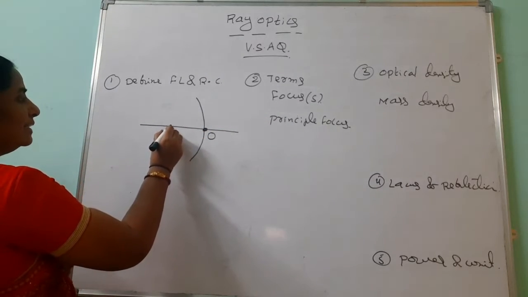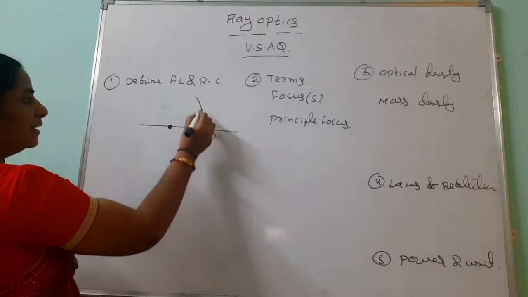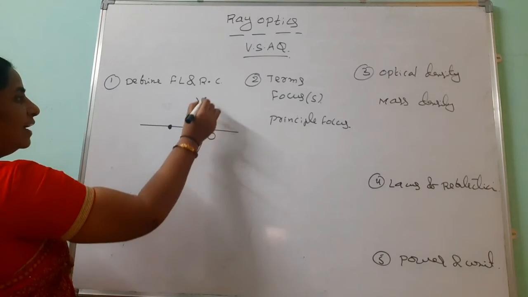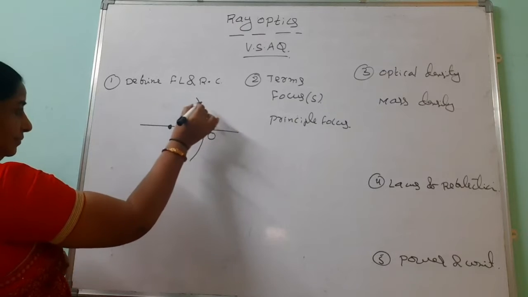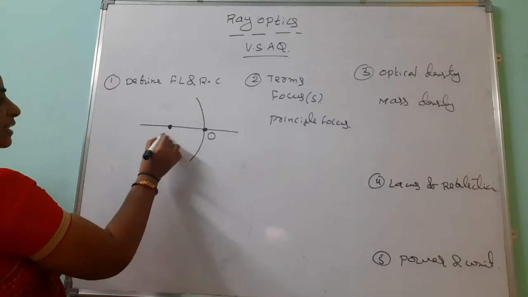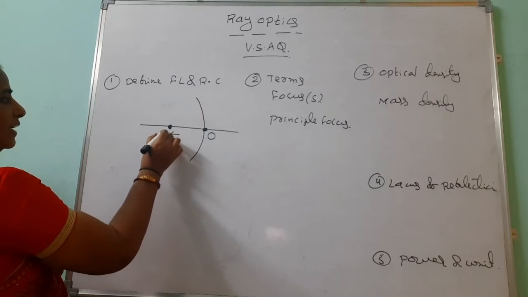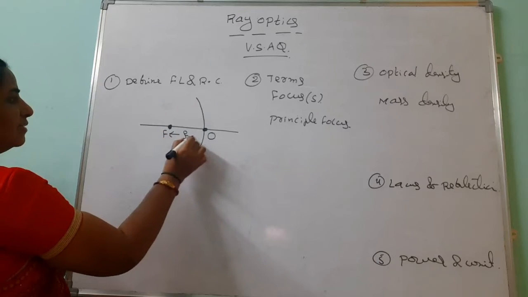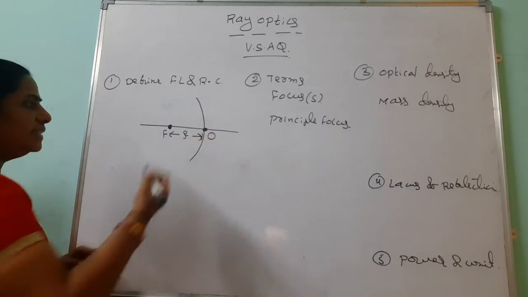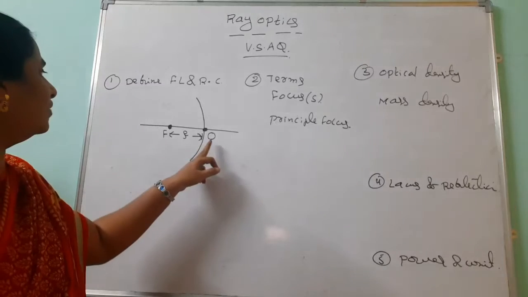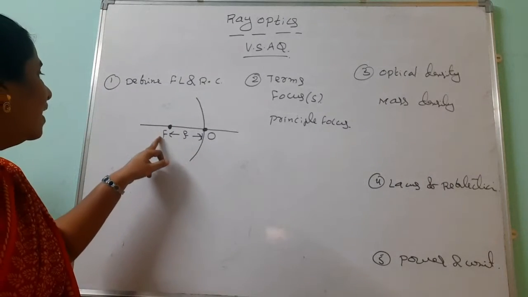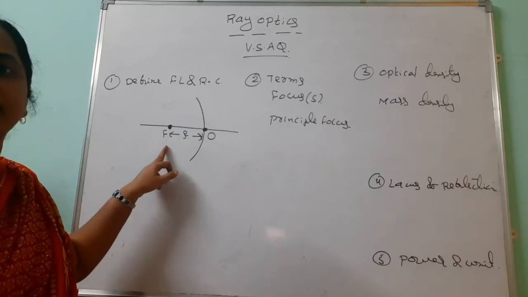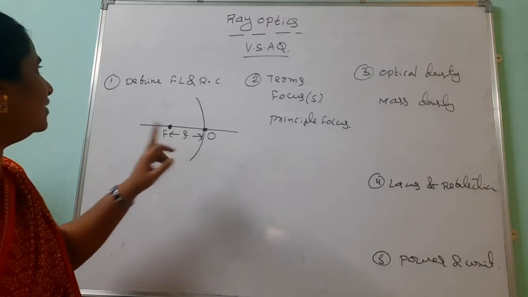Focal length means the distance between the optic center of this concave mirror and the point where all light rays are focused after reflection. That distance, we denote by capital F, is the focal length.